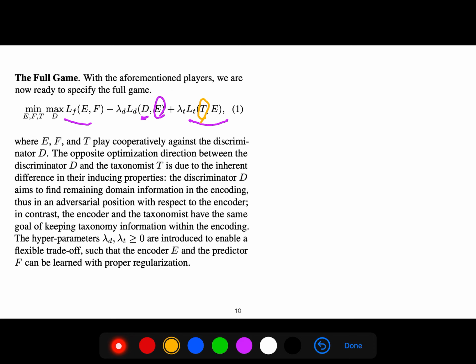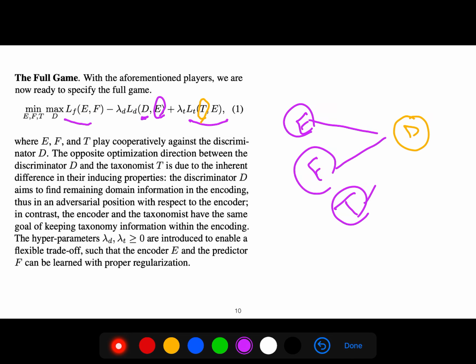So E, F, and T play cooperatively against the discriminator. So this is the discriminator, and then we have the encoder, we have F, and we have T. So these are against what? These are against the discriminator. It's a game. So we solve this min-max problem to get the appropriate discriminator, E, F, and T.